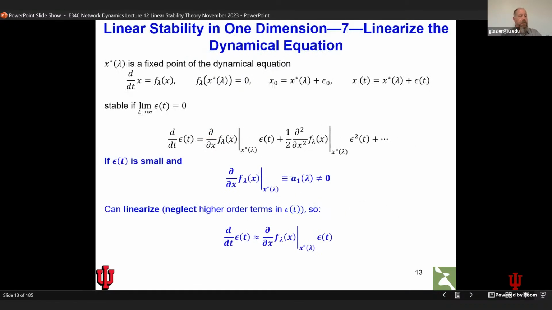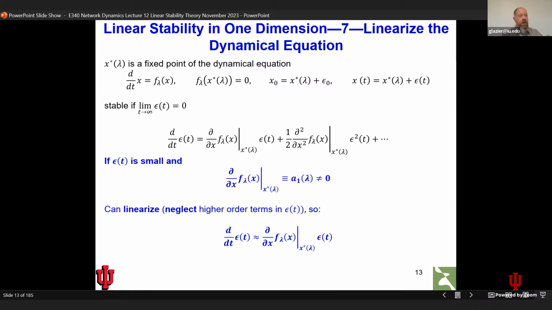And so we're going to do what's called linearization, which is to neglect terms that go like epsilon squared, epsilon cubed, and so on. Now, if df by dx evaluated at x star was 0, then that first term is 0, and we absolutely cannot neglect the higher order terms.